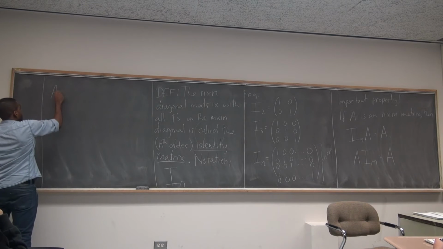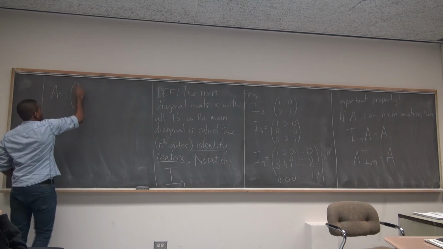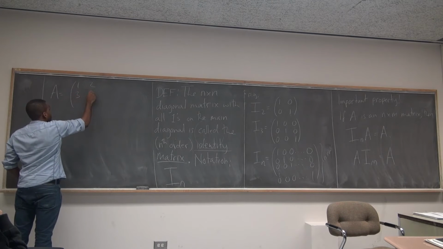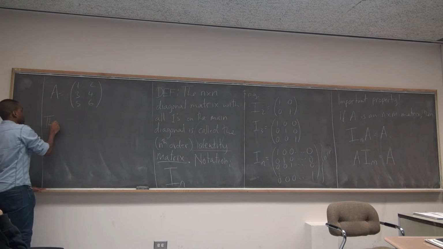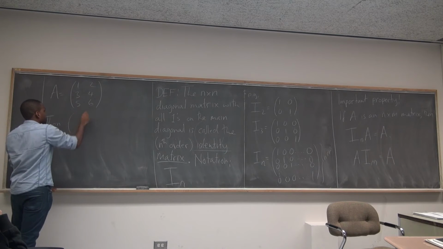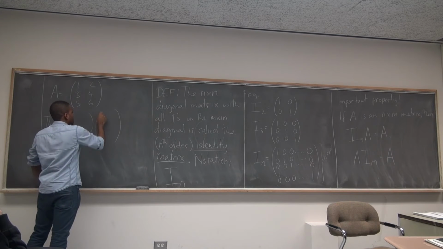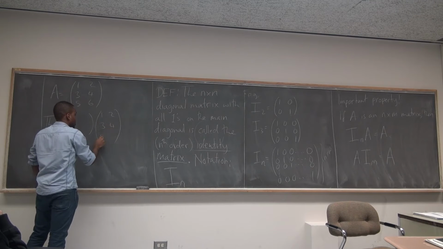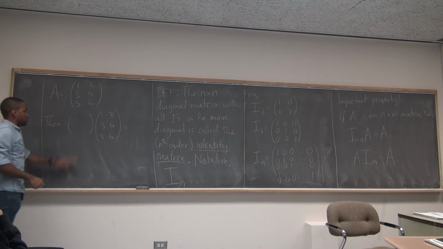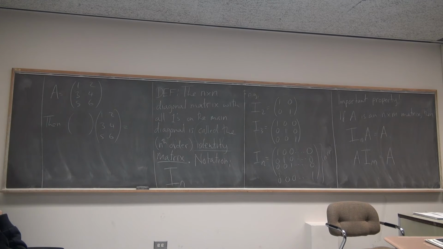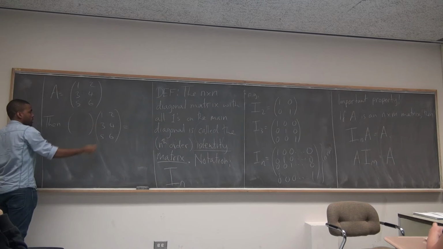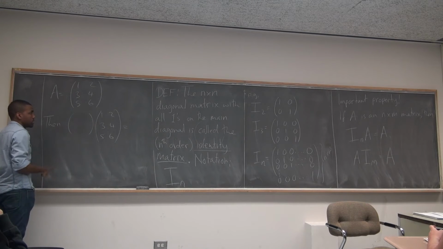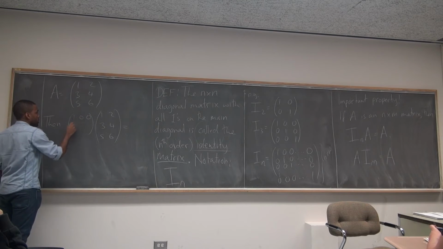So if my A is something like 1, 2, 3, 4, 5, 6, then what size identity do I have to put here? The number of rows here is 3, which means I need 3 columns here. So it's going to be the 3 by 3 identity.